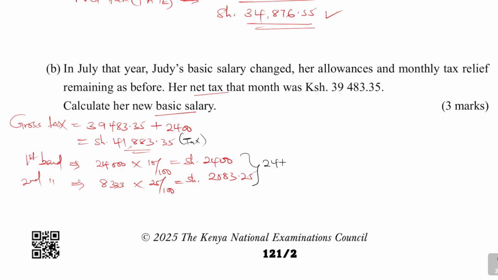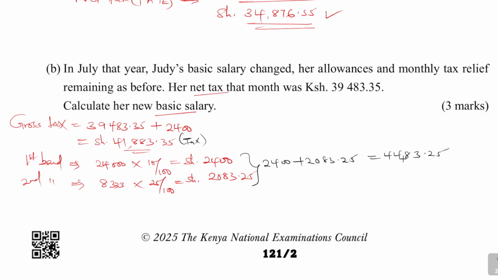So we have 2,400 plus 2,083.25 from the two bands. These give 4,483 and 25 cents. So far, for the first and second bands, we have this tax.